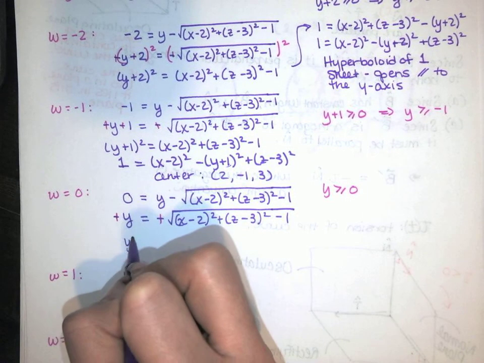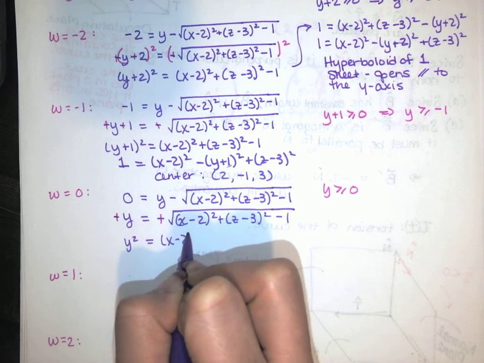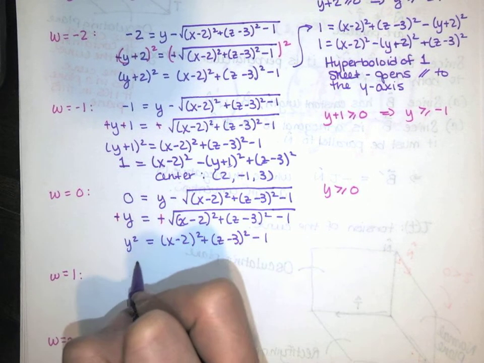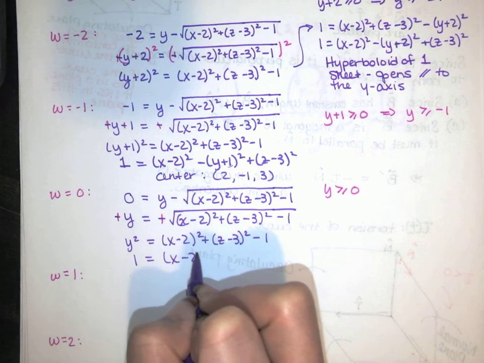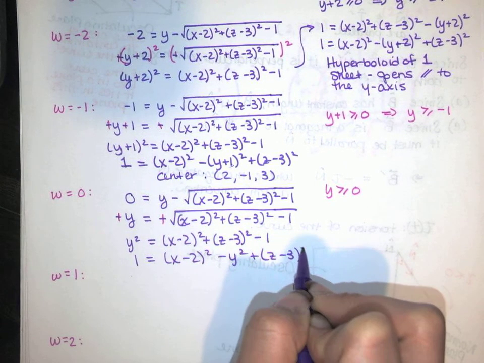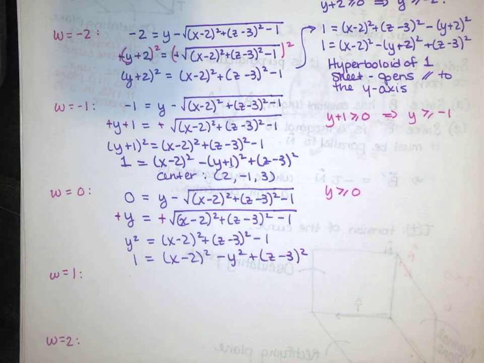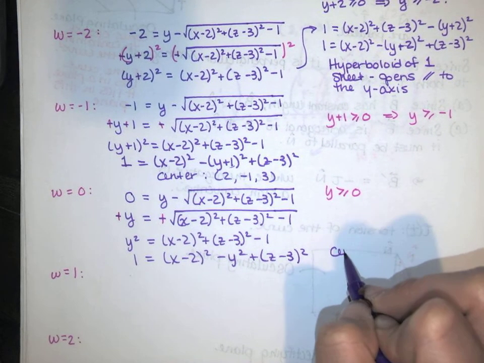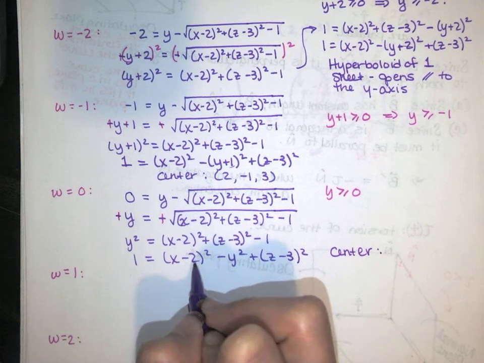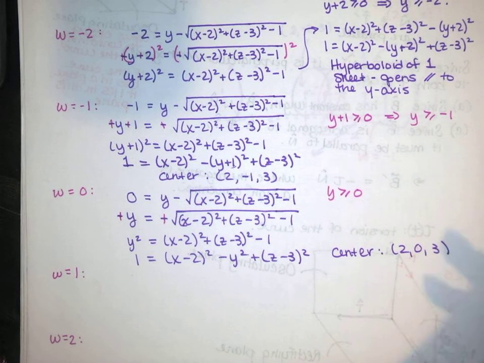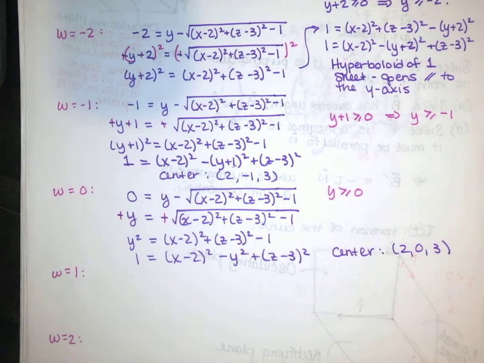And when we square both sides, we get this. Rearrange your equation, and you get this. It's another hyperboloid of one sheet. The center has moved again. The center is at 2, 0, 3 this time. Notice it's at 2, 0, 3 when w equals 0.